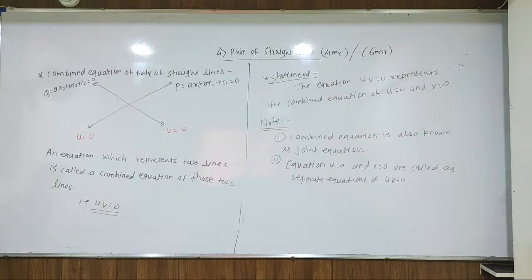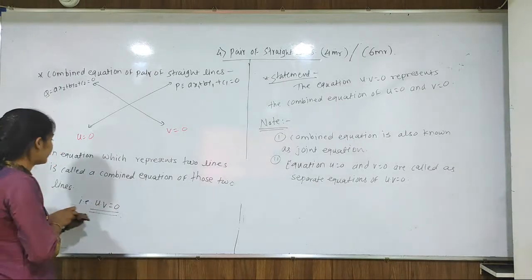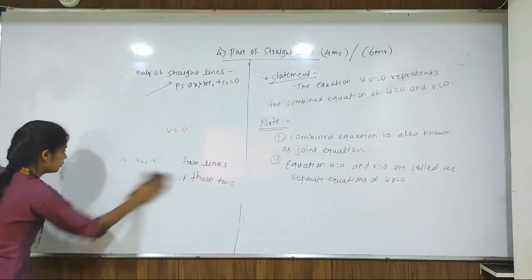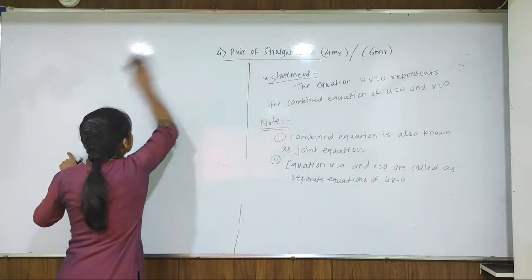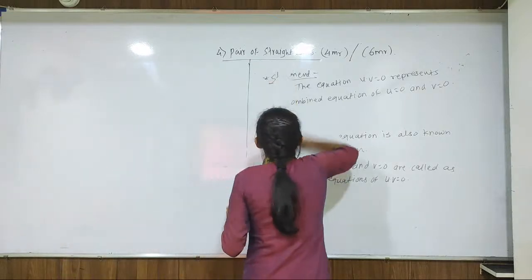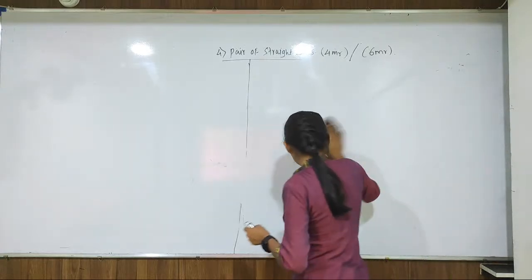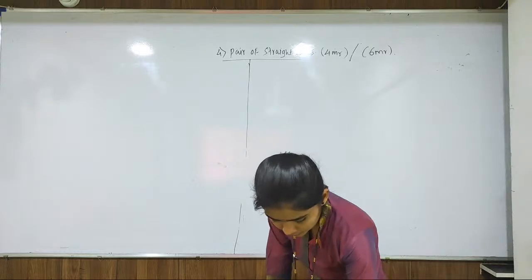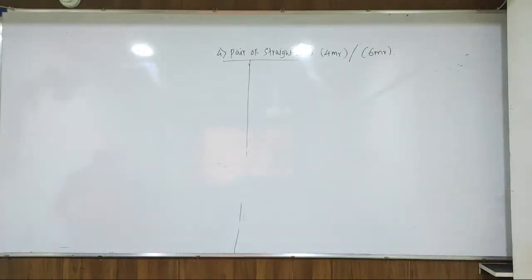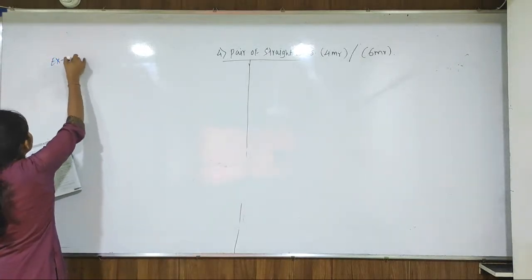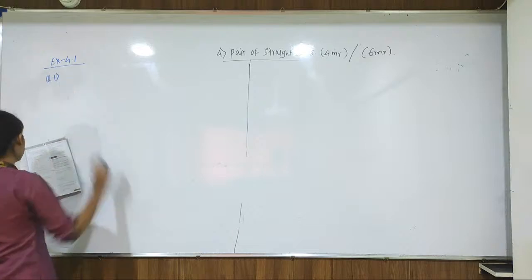So we will see the example based on combined equation. Now we will first see the example on combined equation, and the remaining theory we will continue in the next lecture. Okay? So the question is, exercise 4.1, question 1.